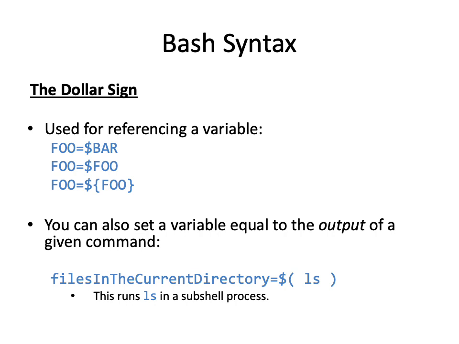So for instance, say I want to store in a variable all of the different files that are in the current directory. So I'm going to create a variable called files in the current directory, and I'm going to set it equal to the output of the ls command, which runs in a subshell, and it will output all the names of the files in the current directory. You can do that using $ and then parentheses. Kind of cool, and sometimes it's very useful.